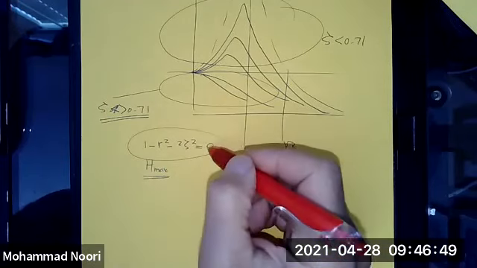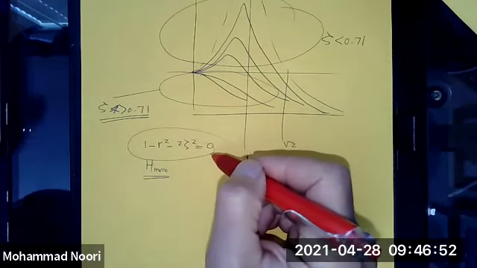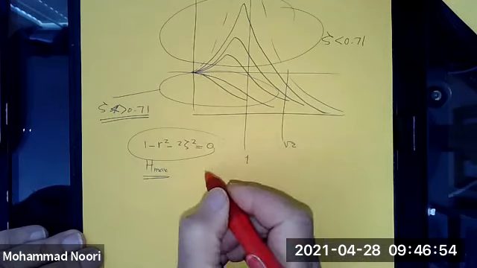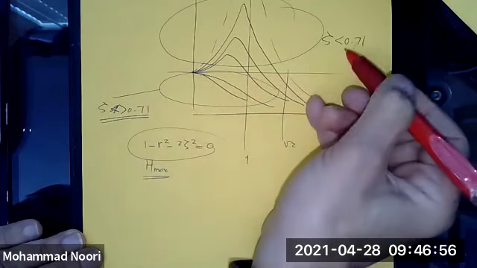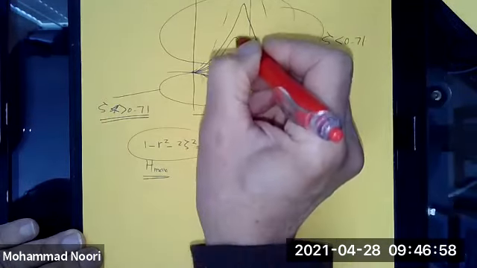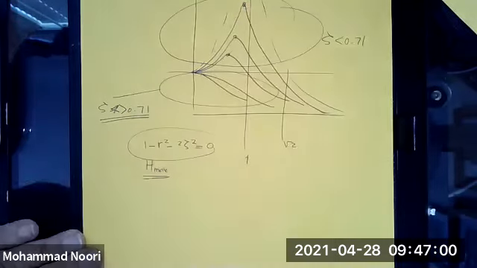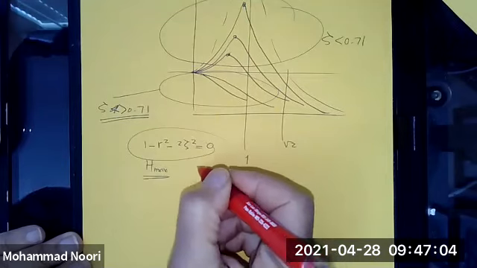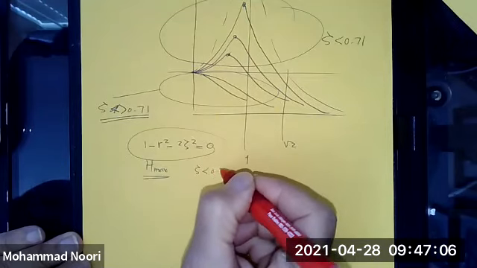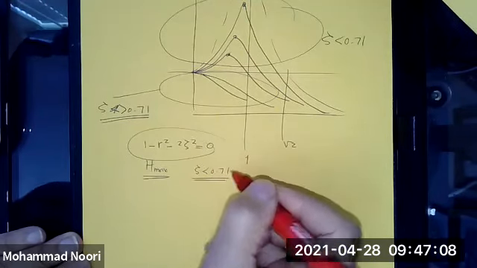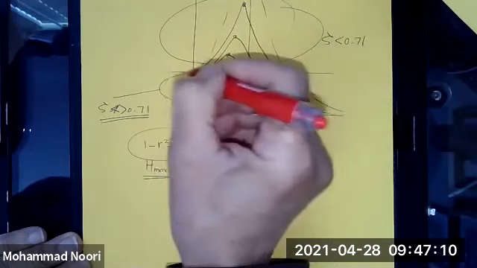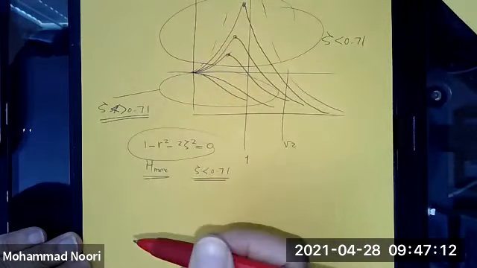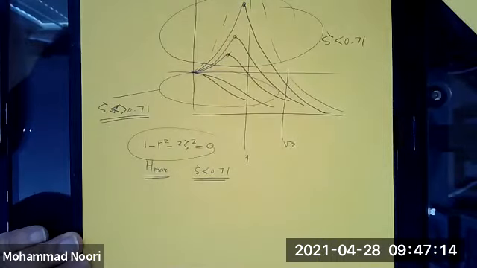We said that in order to find the actual maximum value for the case that zeta is less than 0.71, where we know the maximum values occur, we want to find that maximum value.